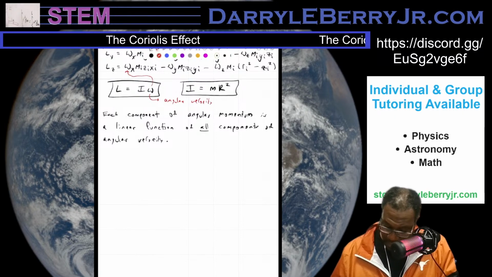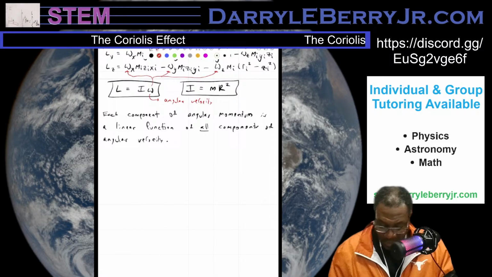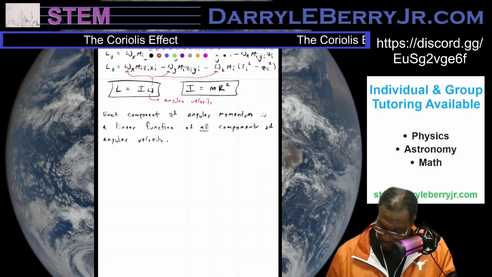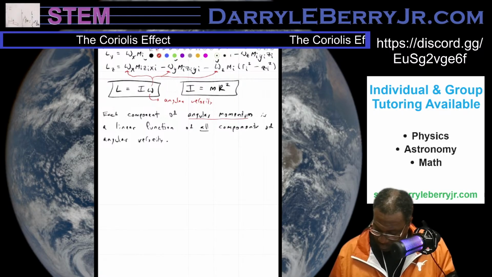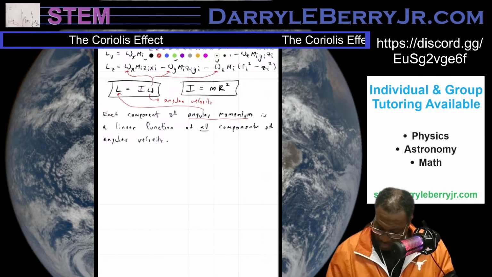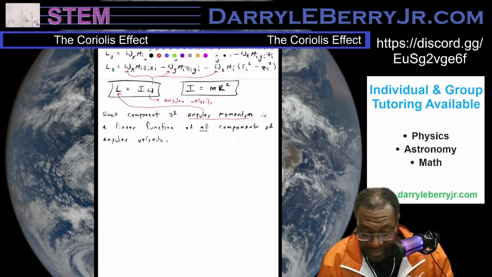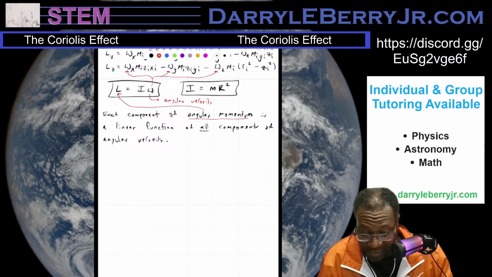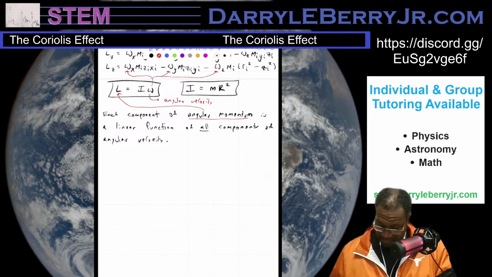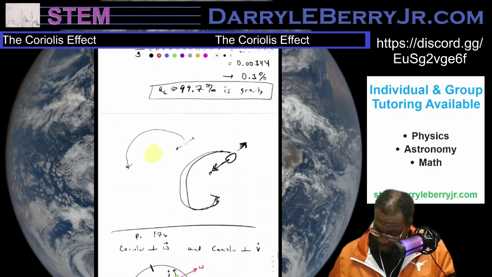You can see it there. So each component of angular momentum is a linear function of all components of the angular velocity. Angular momentum vector is related to the angular velocity by a linear transformation. To emphasize the similarity of 5.4 with the equations of linear transformation, 4.12, we may write Lx as, I should have 4.12 up in here.